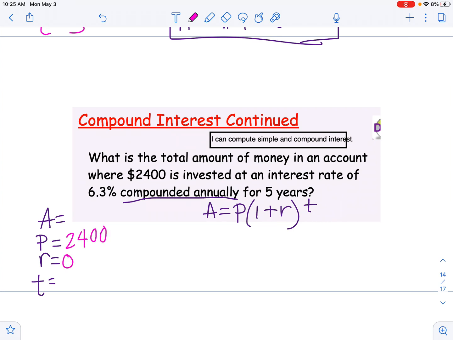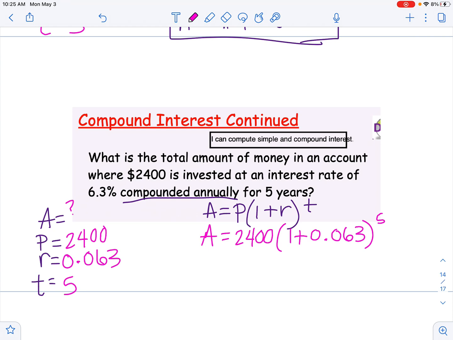The rate is 6.3%, so 0.063. We always write that as a decimal. And then our T is 5 years. So we have A equals 2,400 times 1 plus 0.063 to the fifth power.